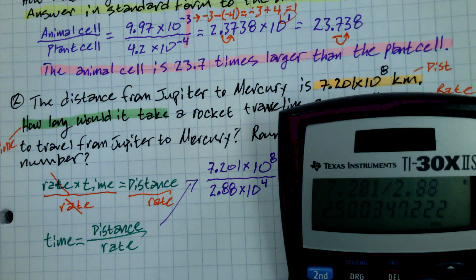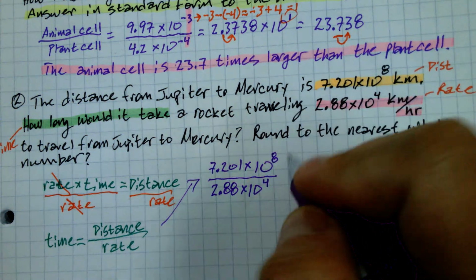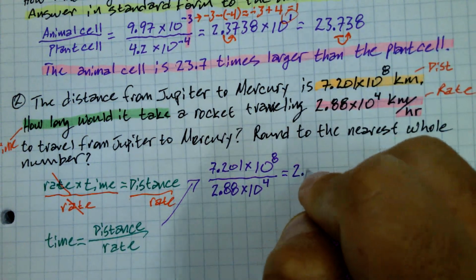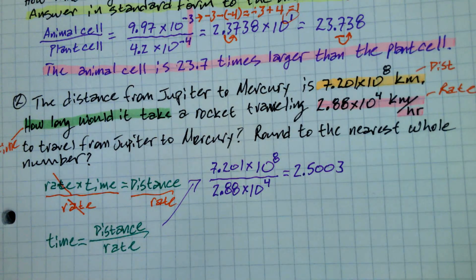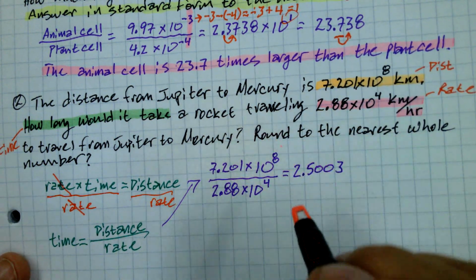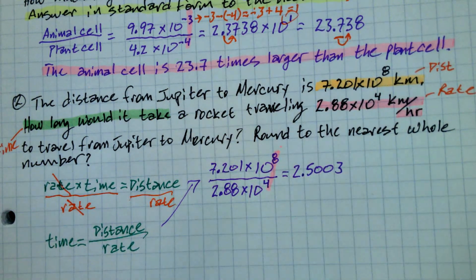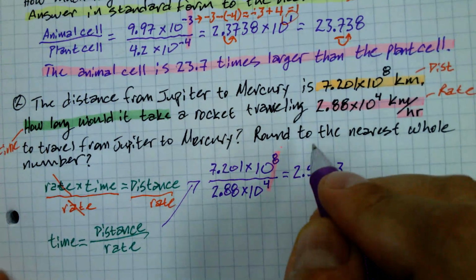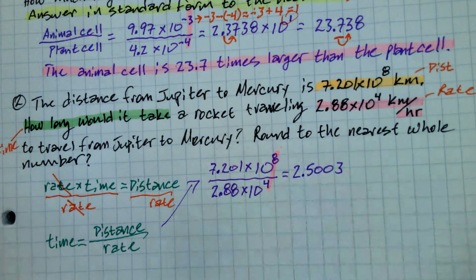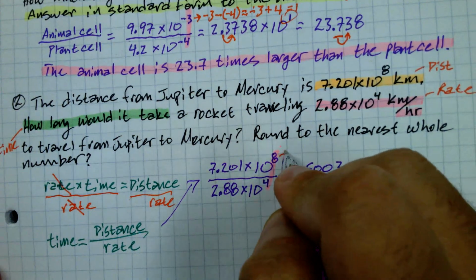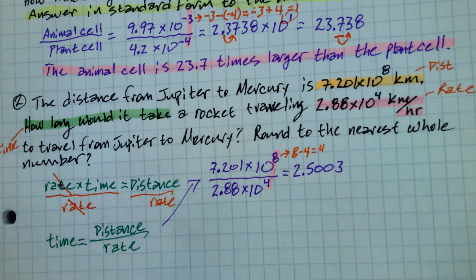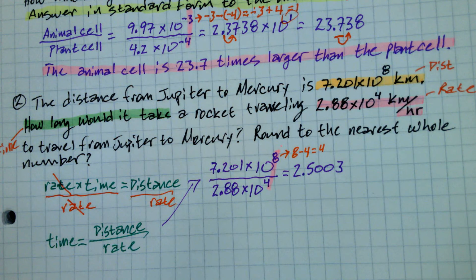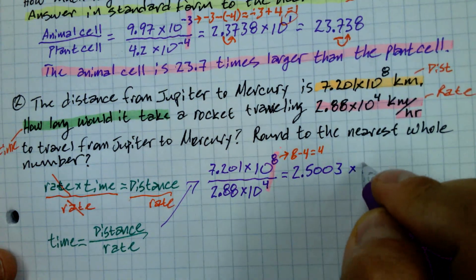So 2.5003, and then I've got to do the subtraction part, which is 8 take away 4, which is 4. So that's times 10 to the 4th. Ooh, it worked out perfectly.